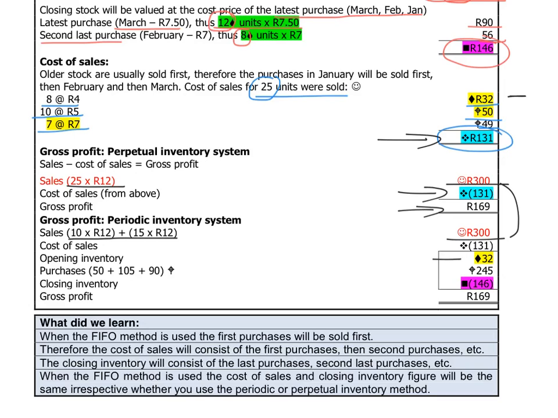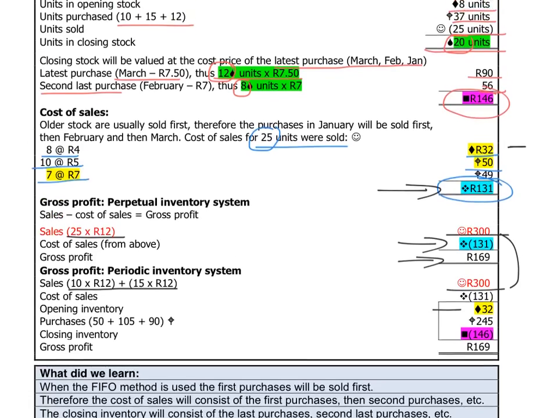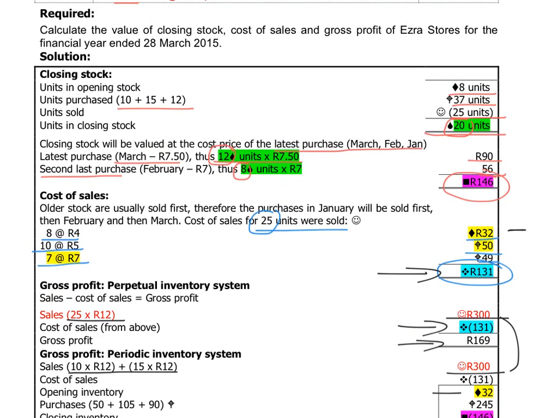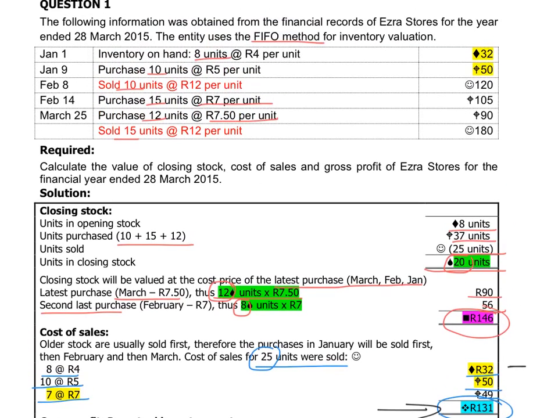For total purchases, we just have to look at the total amount that we bought: 10 units at R5, so that's R50, and 15 units at R7 gives me R105, and 12 units at R7.50 will give me 90.